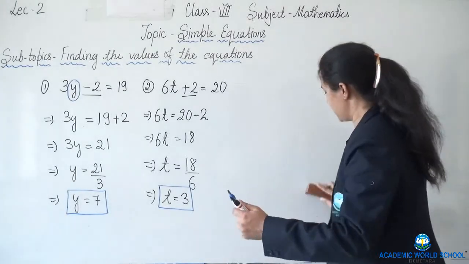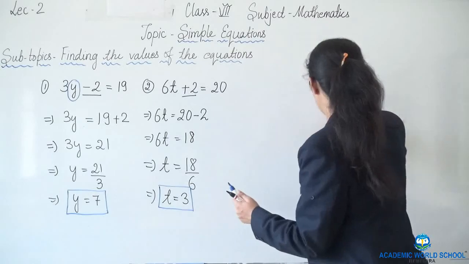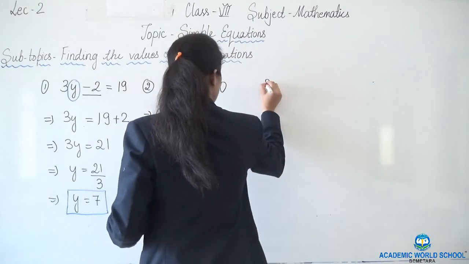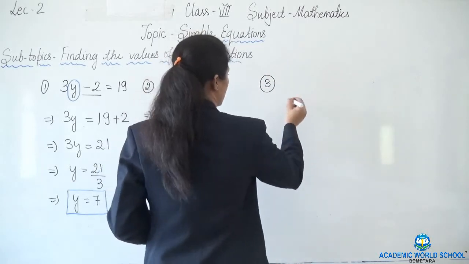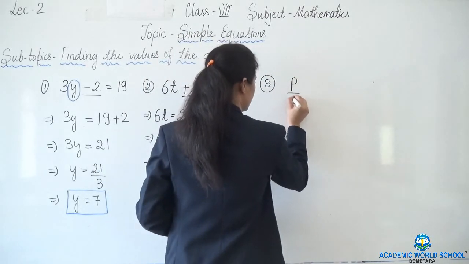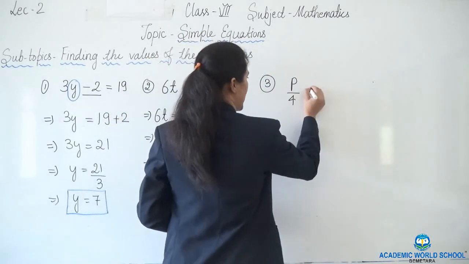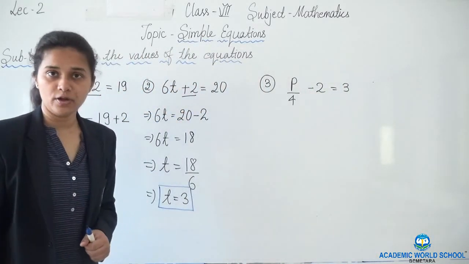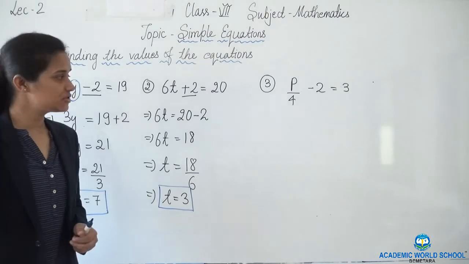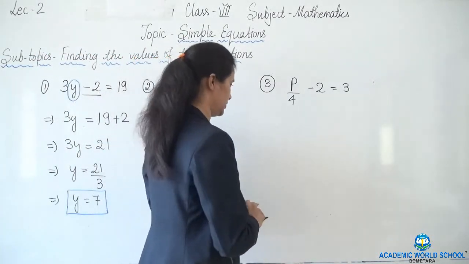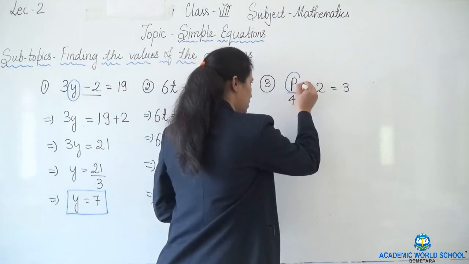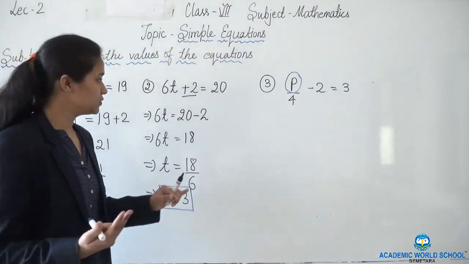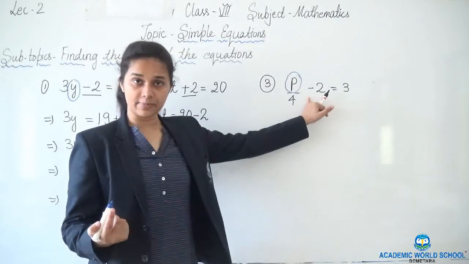Now if we get a mixed question of division, then how do we do it? P upon 4 minus 2 equals 3. Now how do we solve it and find the value of P? Again we have 2 operations over here. The first one is division and the second one is subtraction.